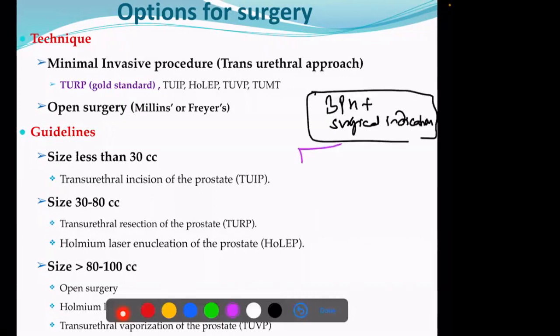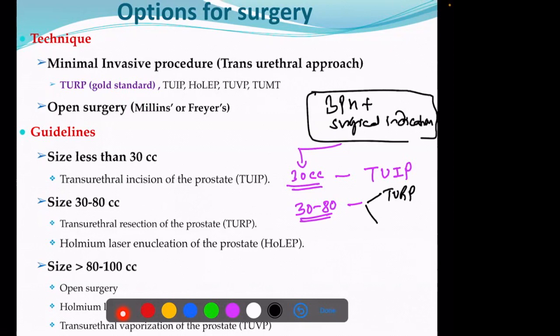Okay, if the size is 30 cc or less, the best treatment is TUIP, transurethral incision of prostate. If the size is between 30 to 80 gram or cc, then the option is TURP, transurethral resection of prostate. If it's slightly larger, like more than 50 or 60, we can go for HOLEP.